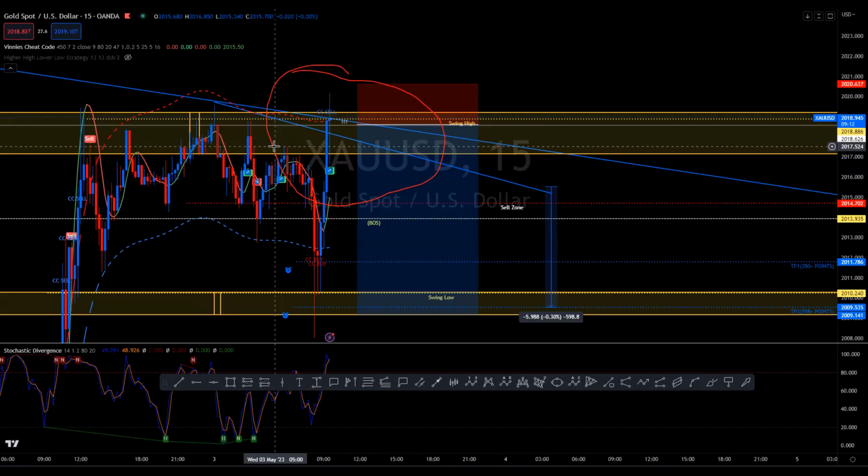Let's see. See what it's trying to do. Looking at that area. We got that area, it was a pretty stop loss. That's what it was doing. Got to get used to that price action.